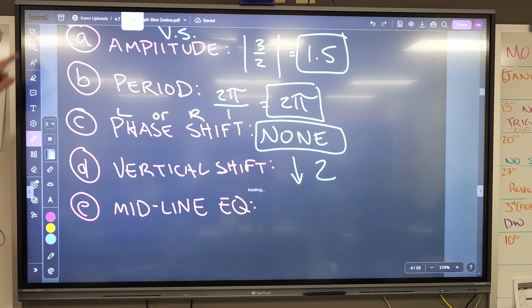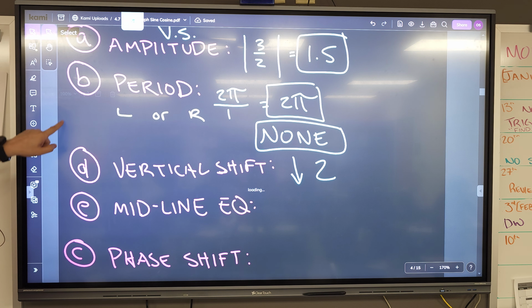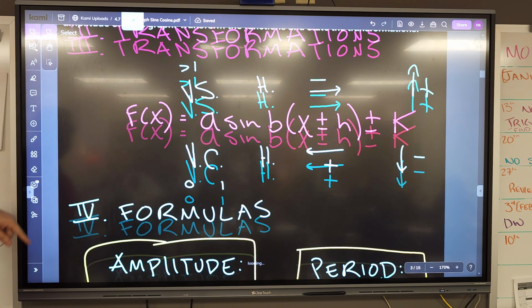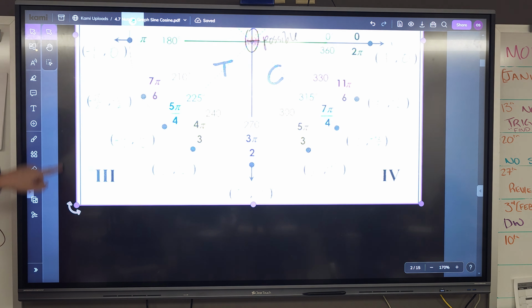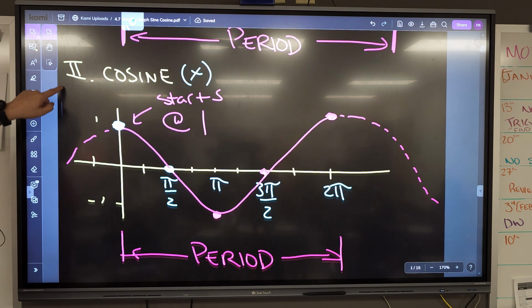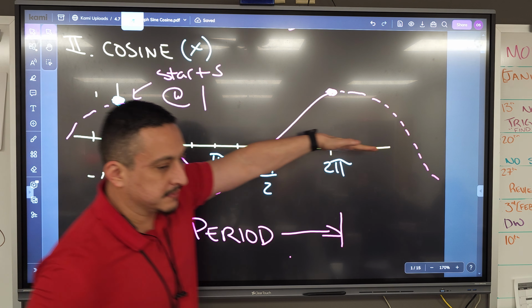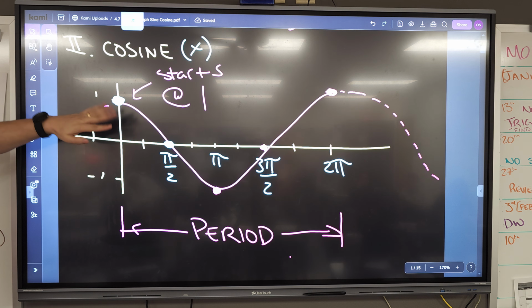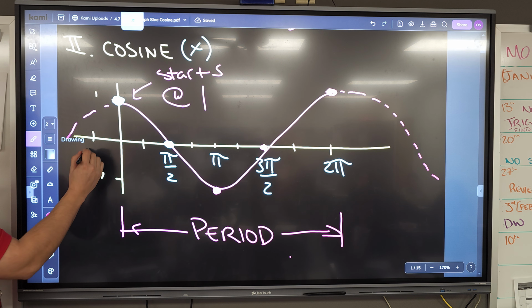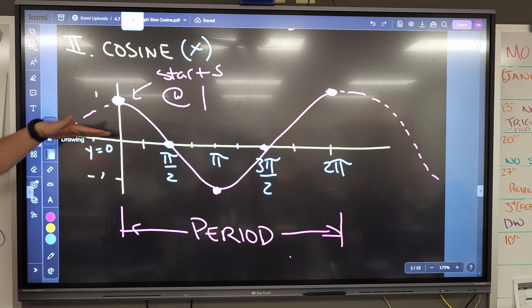Okay, now let me explain the midline equation for you. Let me go back to the graph. Okay, guys, so the midline, just like common sense would tell you, that's the middle, right? So for the parent function, the midline is at y equals 0. That's right here.